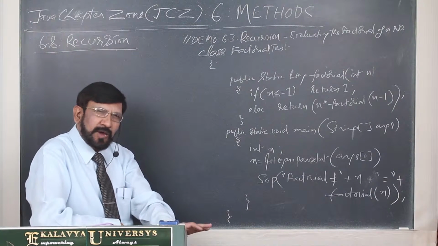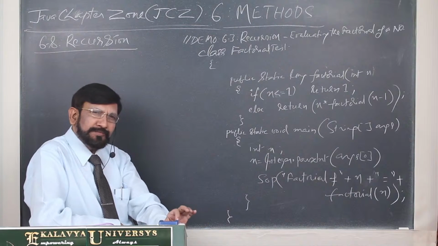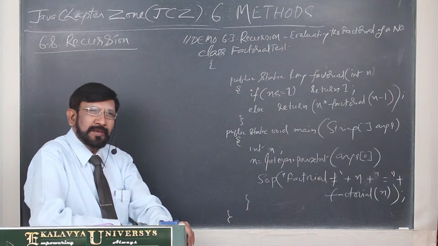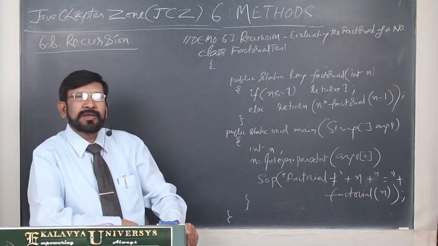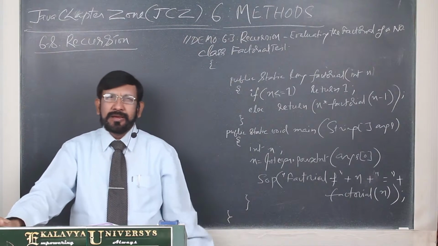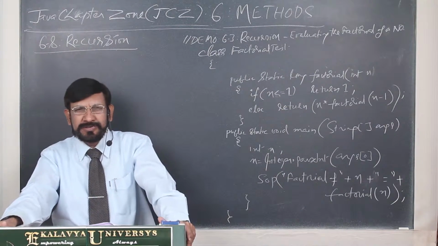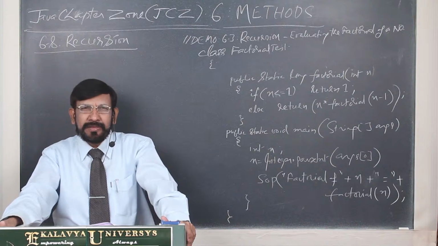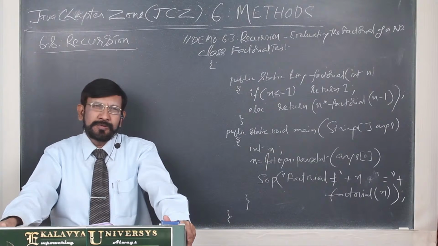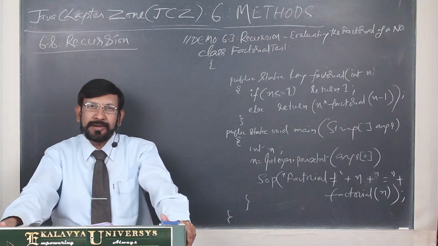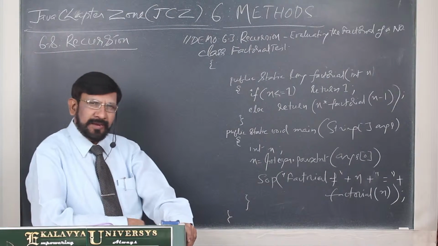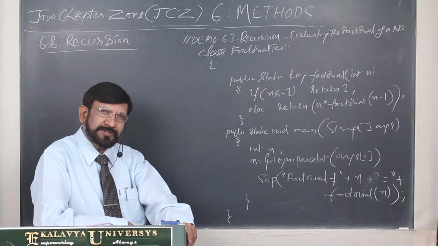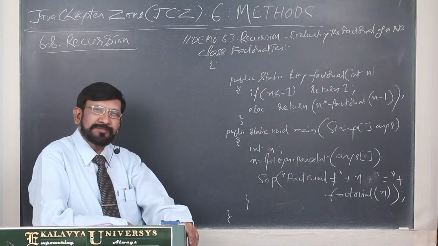This case is normally explained by a common example, calculating factorial. Actually, in this connection, I will tell you one thing. In interviews or in examinations, sometimes it may be difficult for you to explain a concept technically. In such a case, if you depend on an example or illustration, the job will be easy.